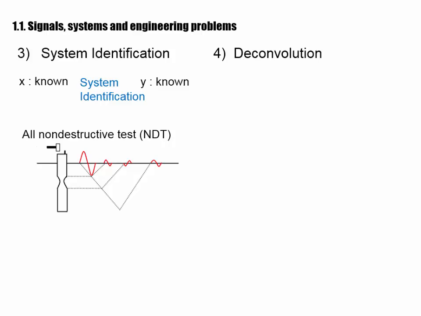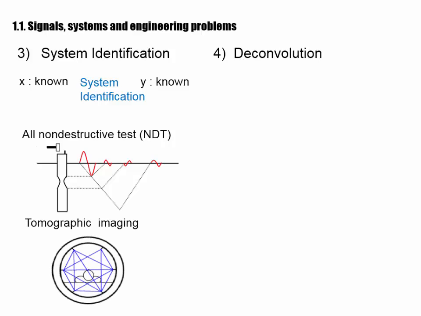So that's the system identification. Tomographic imaging, so I think it's a human lying on the bed, CT scanner, right? And so using this source and the received signal, we want to find out what's inside our body, right? So mainly finding the cancer.